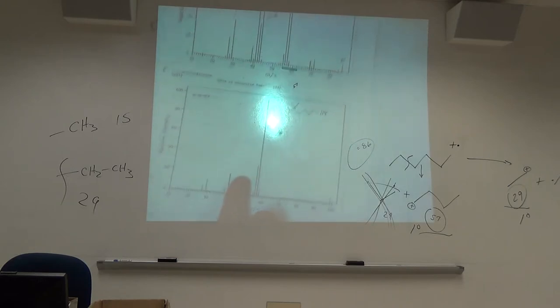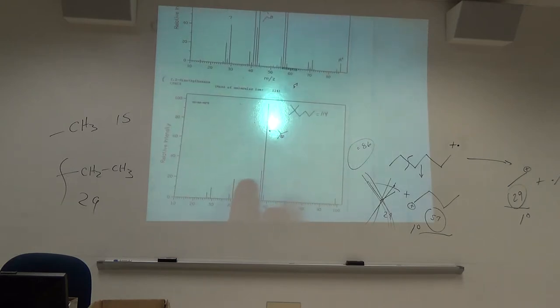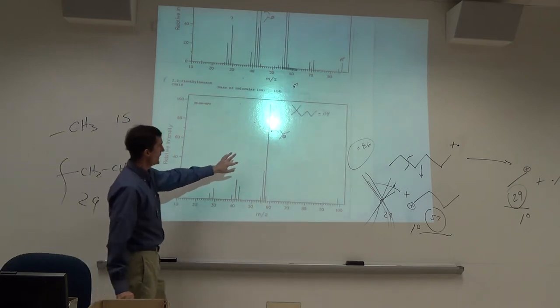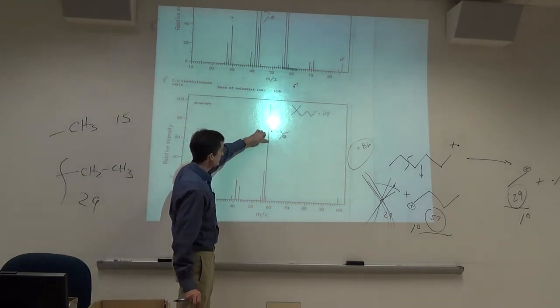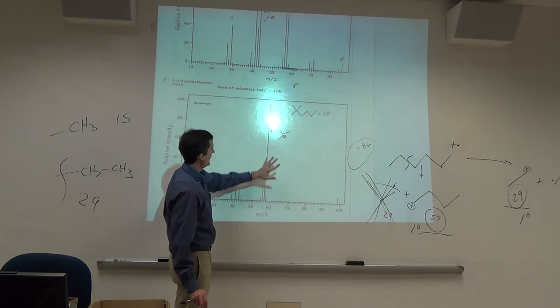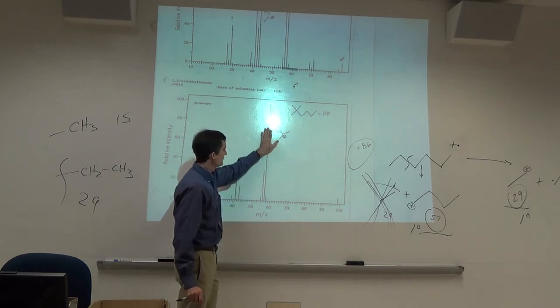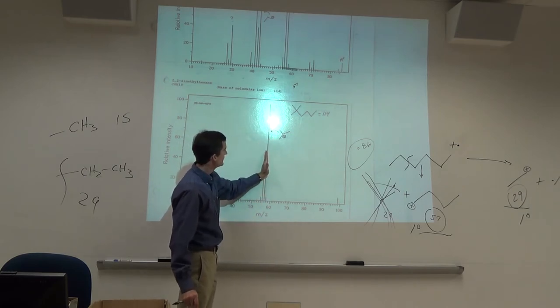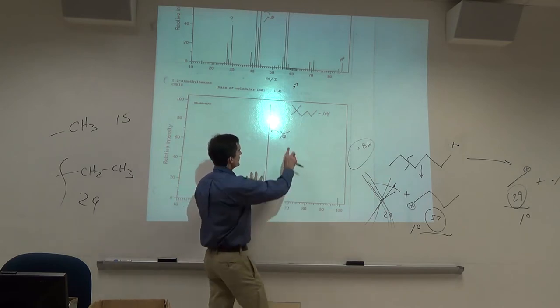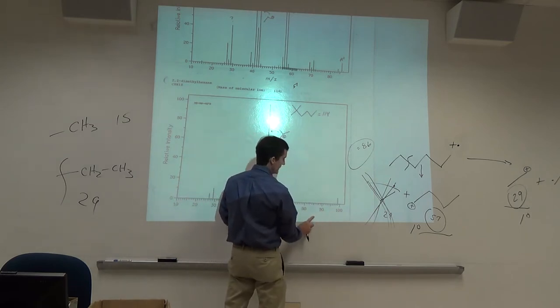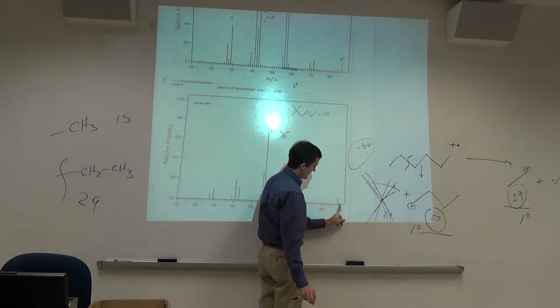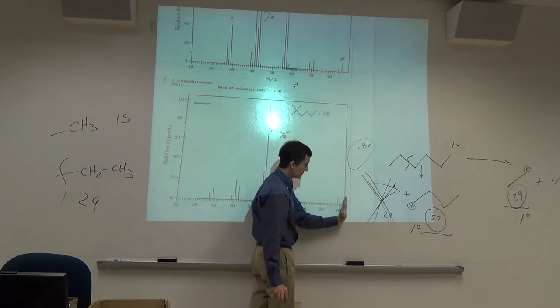Let's look at the one below. The one below, you don't have a lot of tall peaks. You only have one kind of single tall peak. It looks like the cleavage was more preferred to give this. First off, this is the molecule. It's 114. Now, since there's no 114, we have to assume there's nothing there.